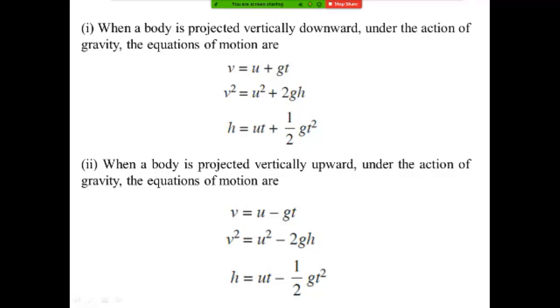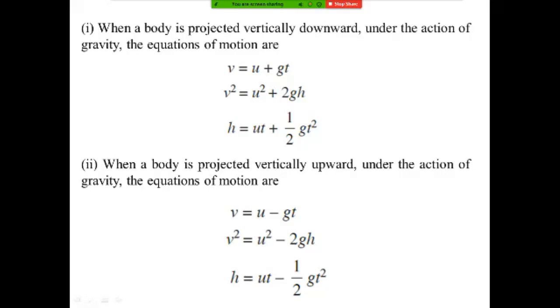These two terms are the only replacement. Then if the body is moving against the gravity, we will use the minus sign. For the same equations, the only difference is the minus sign, minus g, because it is against the gravity.